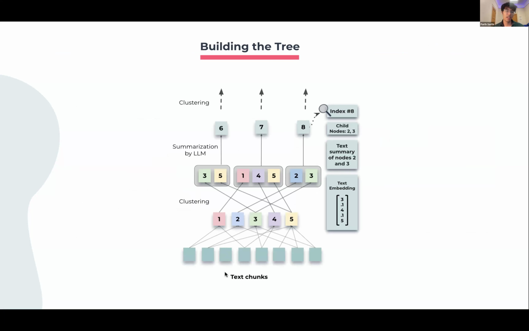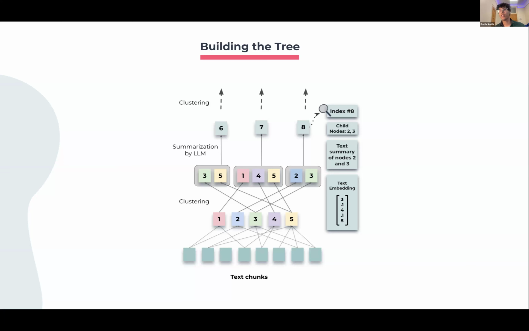You can use any sort of fancy chunking methods if you want. In our experiments, we just decided on a very simple chunking strategy: chunk every 100 tokens, but don't split sentences across different chunks. RAPTOR is chunking agnostic. You can use whatever chunking method you want.